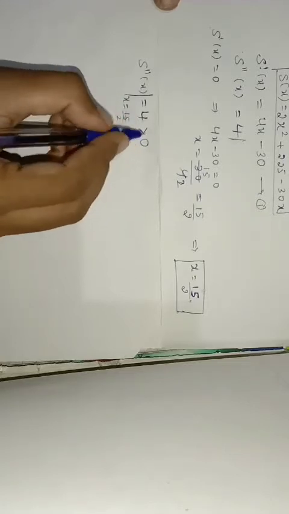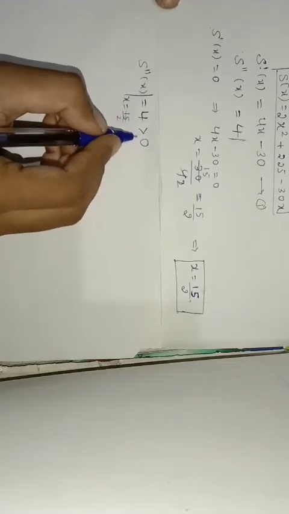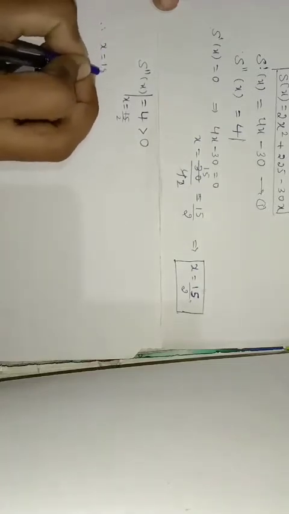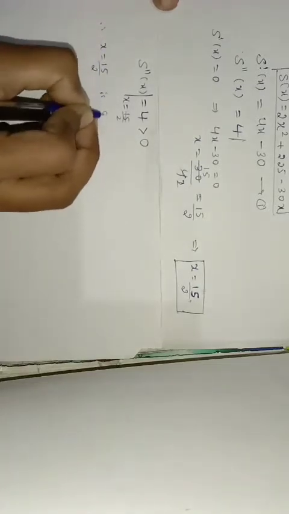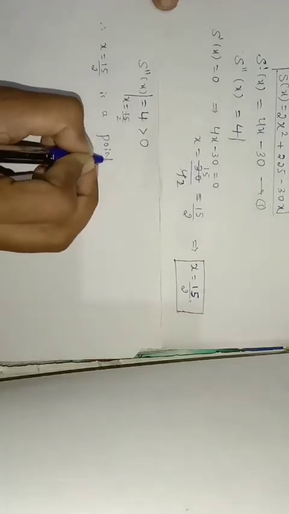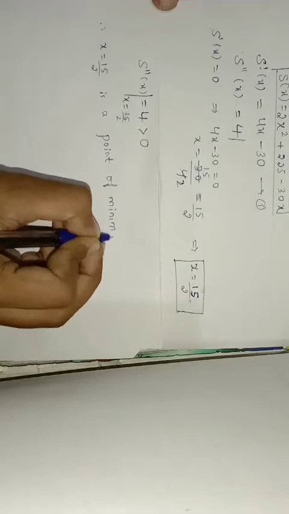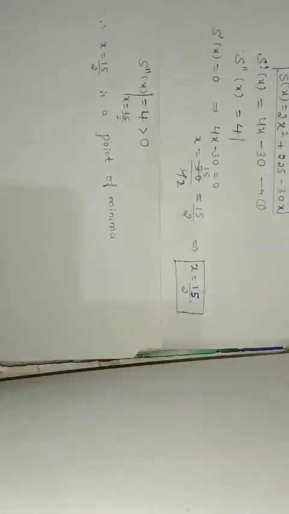So what happens once it is greater than 0? We have a point of minima, isn't it? Therefore x is equal to 15 by 2 is a point of minima. You can say point of local minima or just point of minima.